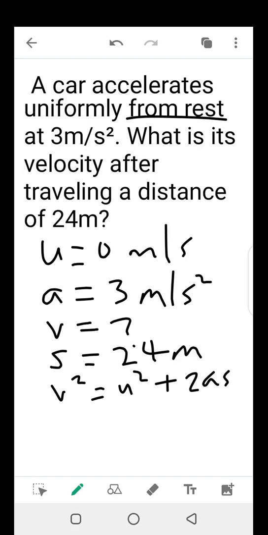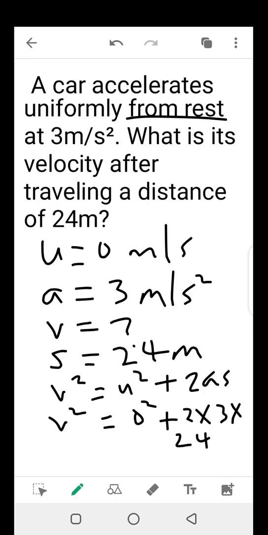We make our substitution. V is the unknown, what we are looking for, and U squared is 0 squared, plus 2 times, what's our acceleration? 3, times what's the distance? 24.